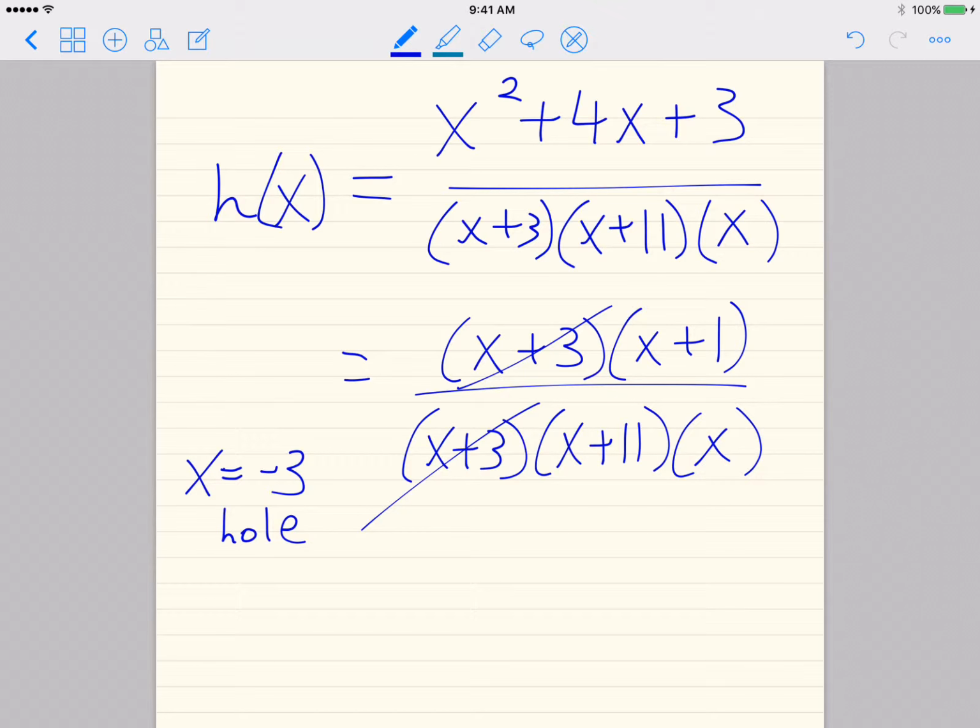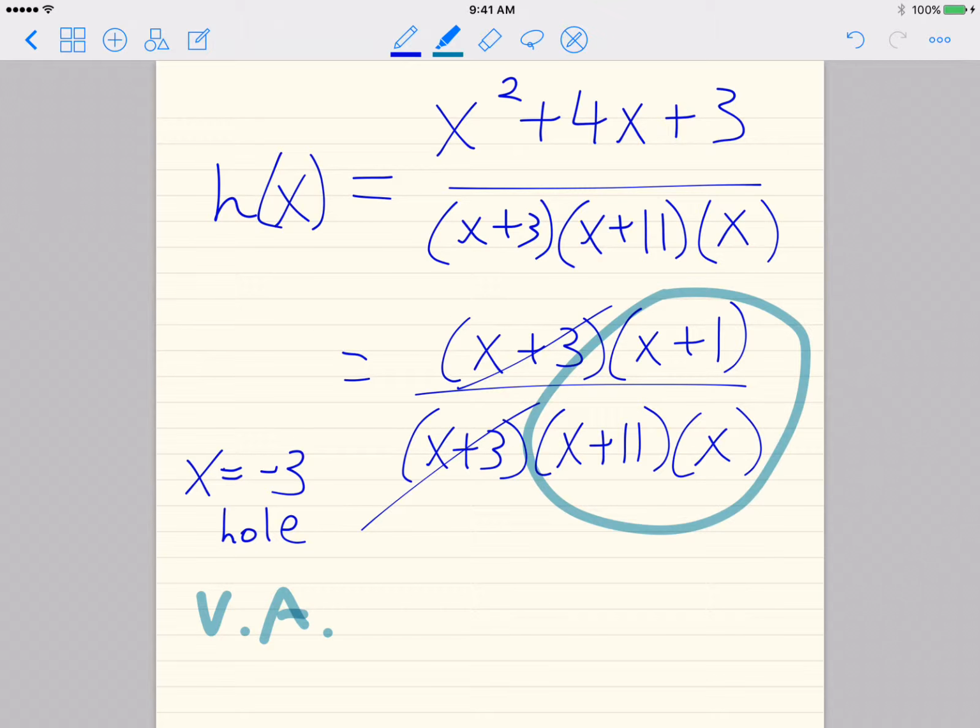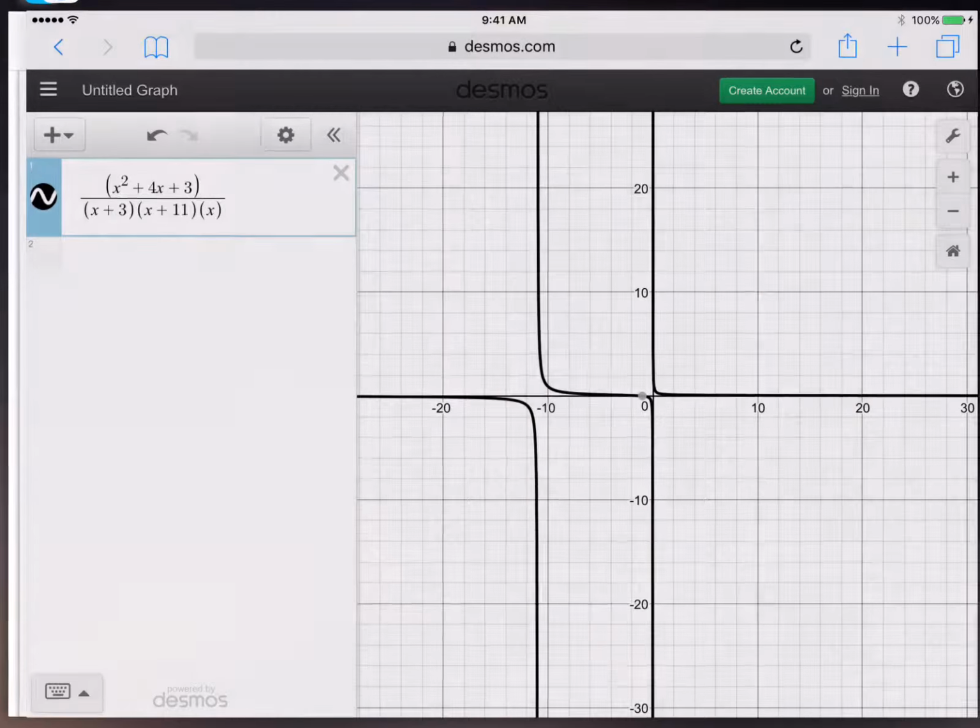Essentially, your graph is behaving as if it was x plus 1 over x plus 11 times x. So as for your vertical asymptotes, it has to do with x plus 11 and x on the denominator. The values that x cannot be are negative 11 and 0. So these are your vertical asymptotes. But again, x equals negative 3 is just a hole, not a vertical asymptote.